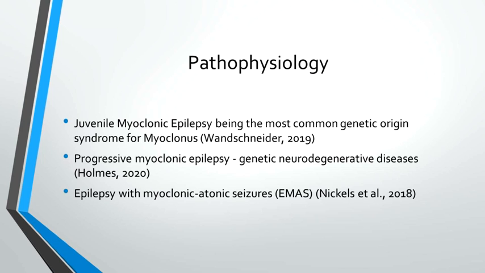The second pathology, progressive myoclonic epilepsy. Now, this is a group of genetic neurodegenerative diseases that are associated with spontaneous action-induced myoclonus and progressive neurological deterioration. So we're talking here about progressive cognitive decline. Unfortunately, these patients may start off with regular development, and then they decline over time.